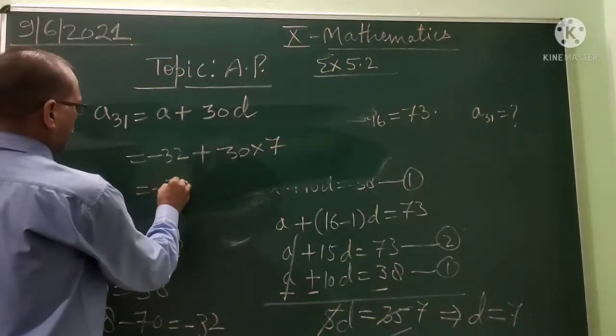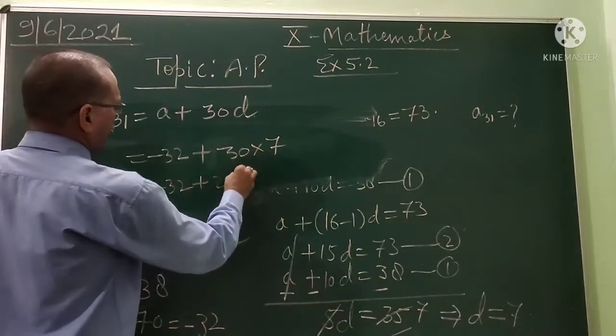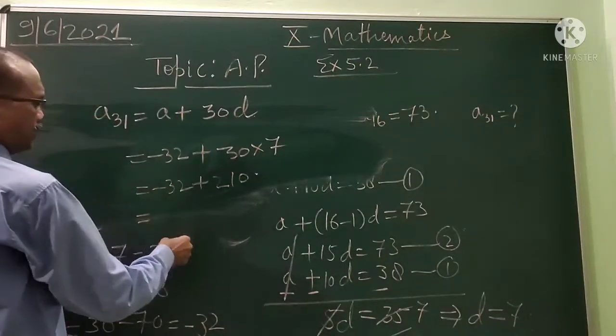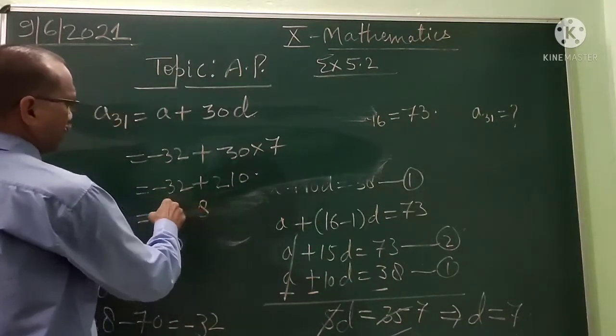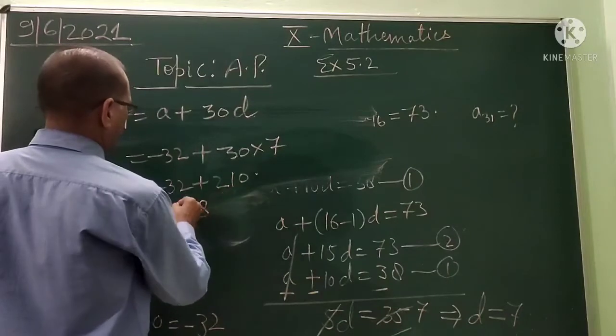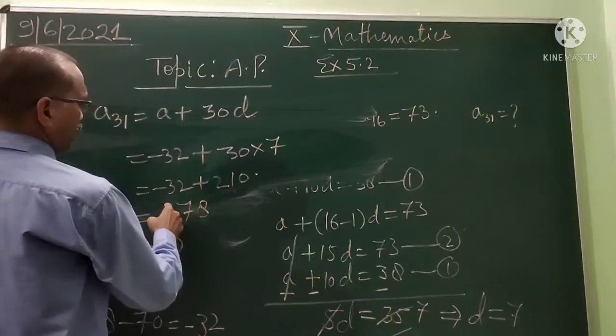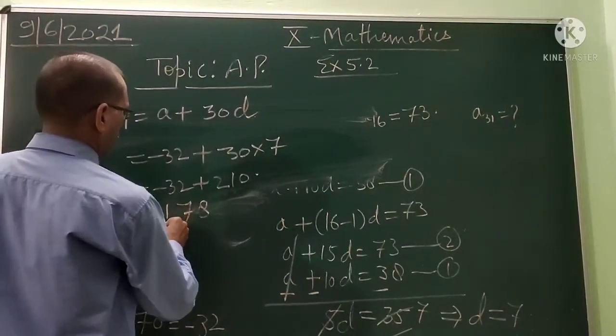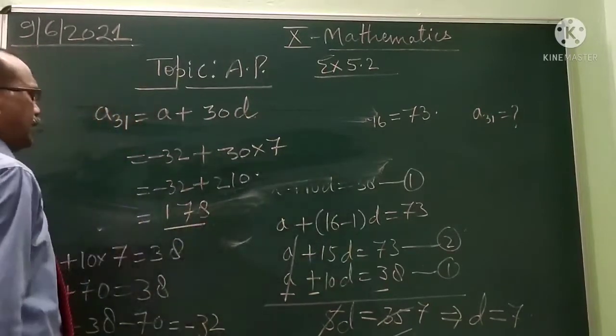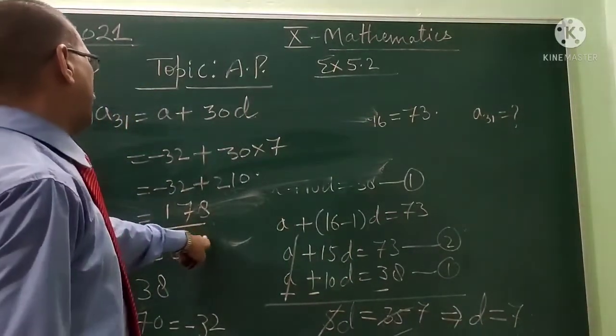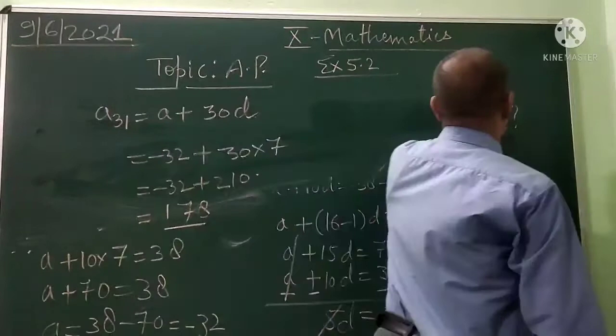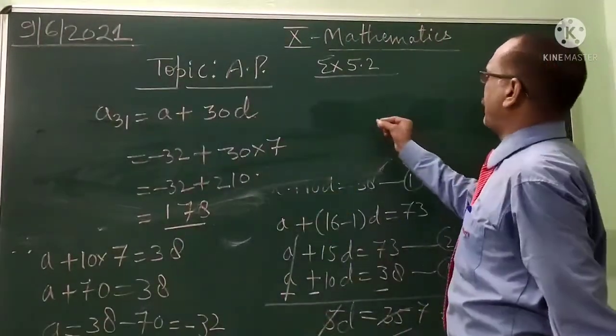So minus 32 plus 210. It is 178. Therefore, the 31st term is 178.